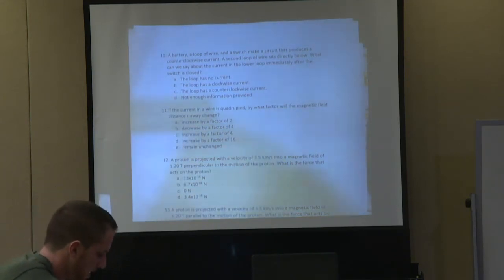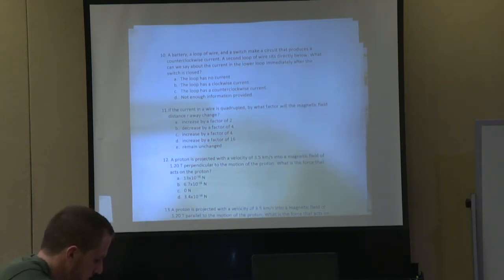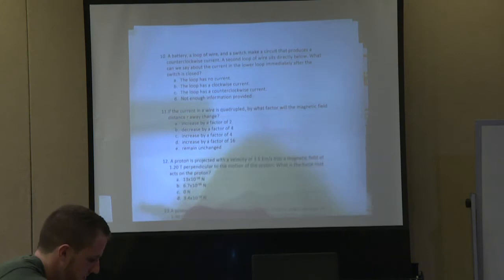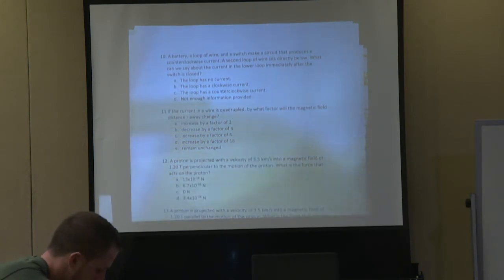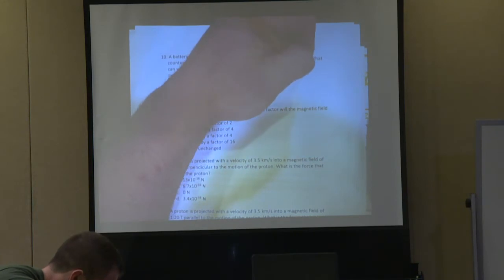So a battery, a loop of wire, and a switch make a circuit that produces a counterclockwise current. A second loop of wire sits directly below. What can we say about the current in the lower loop immediately after the switch is closed? So one way to help visualize this is to draw the circuit.